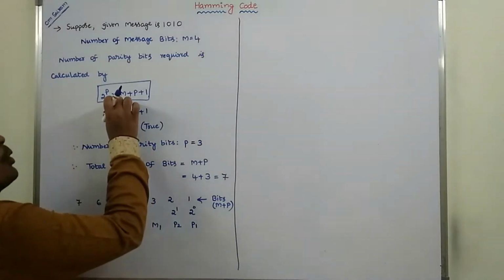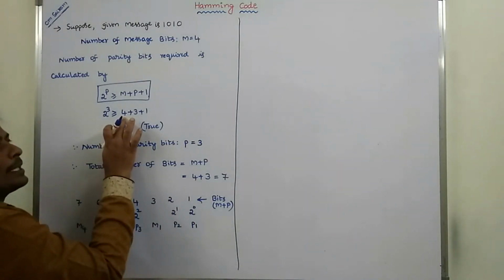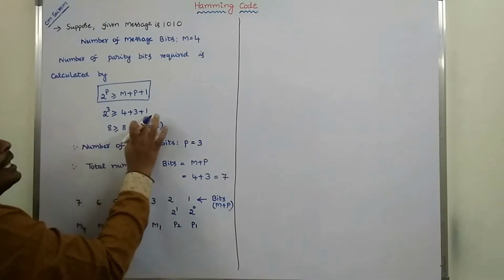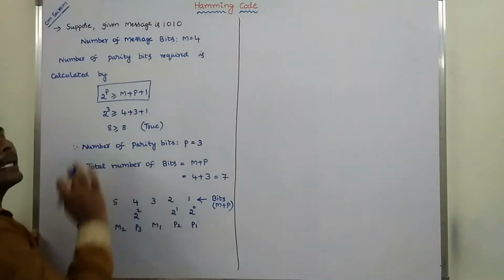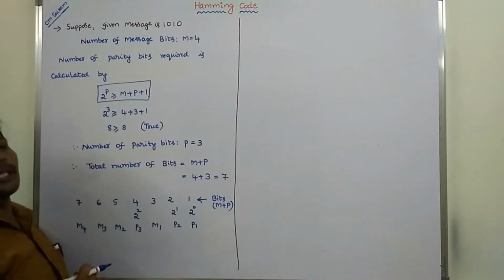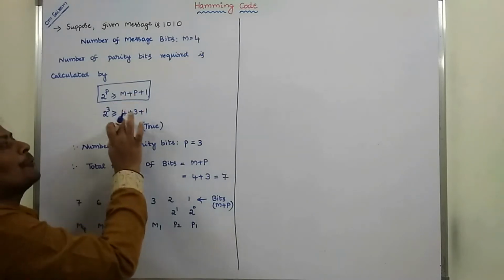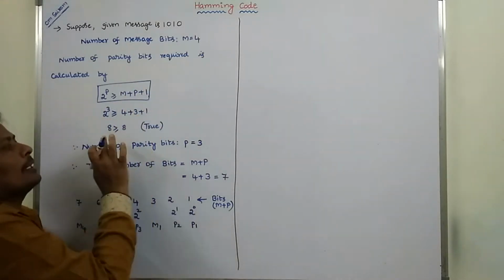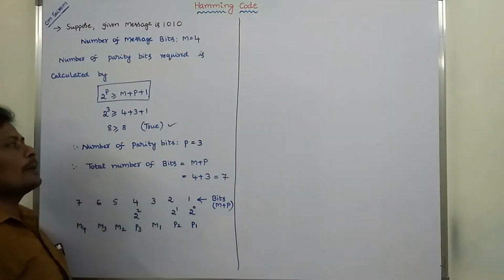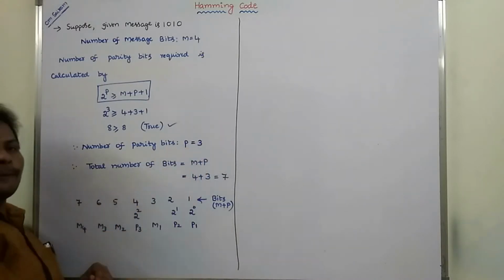Here we know only the m value, m is equal to 4. After substituting m value 4, based on the condition, we have to calculate the p value. Suppose we take p value 3: 2 power 3 greater than or equal to m value 4, plus p value 3, plus 1, so 8 greater than or equal to 8. That is true. Therefore the number of parity bits p is equal to 3.